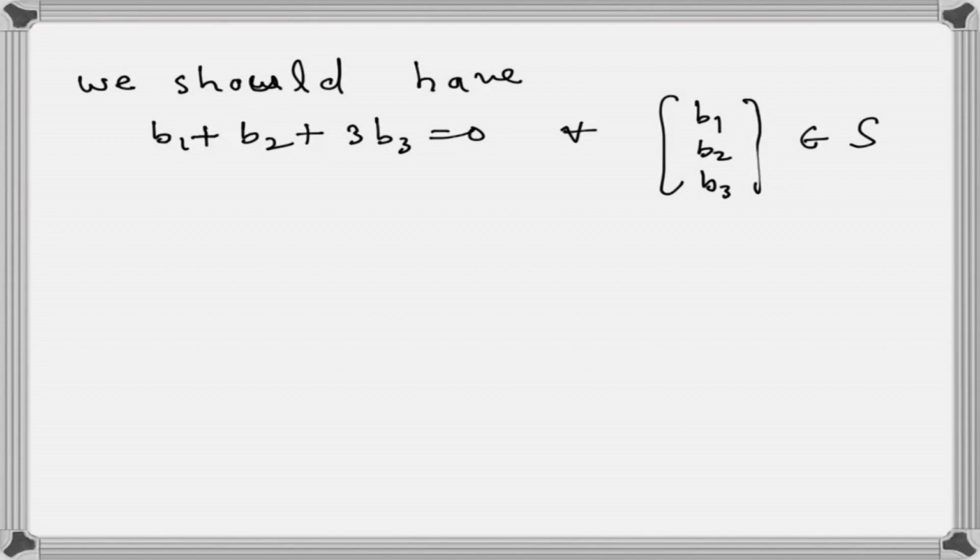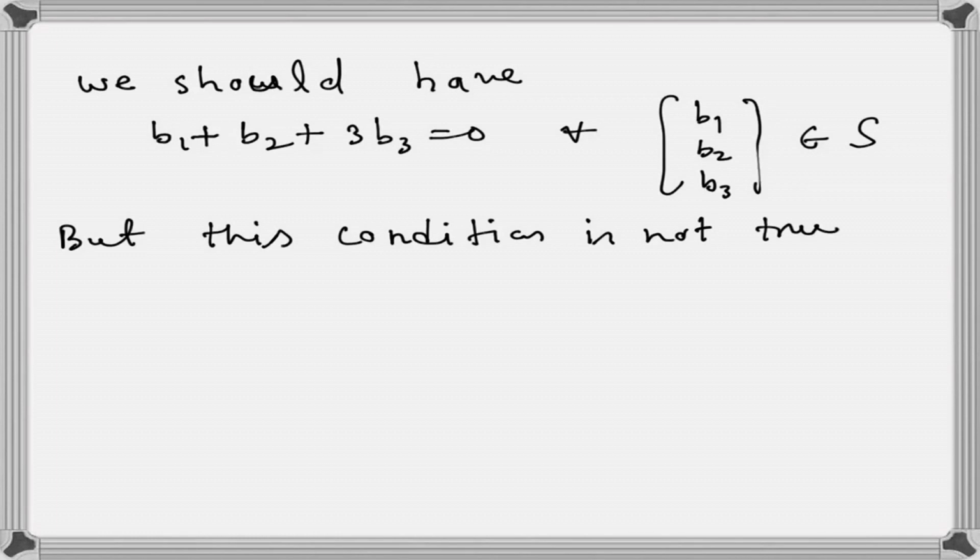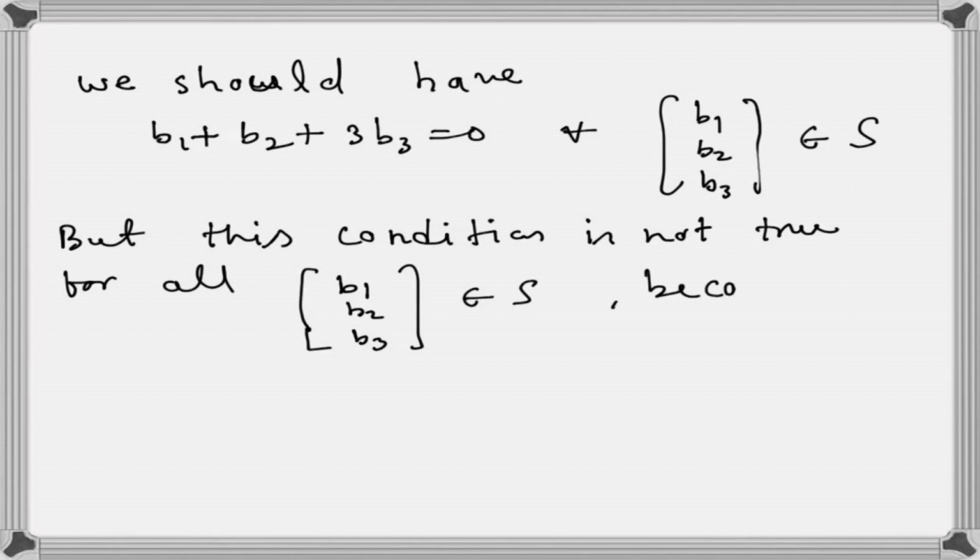But this condition does not hold. It's not true for all b1, b2, b3 belonging to S, because for example (6, 1, 1) belongs to S, because to be in S we should have that 13b3 is equal to b1 plus 7b2.